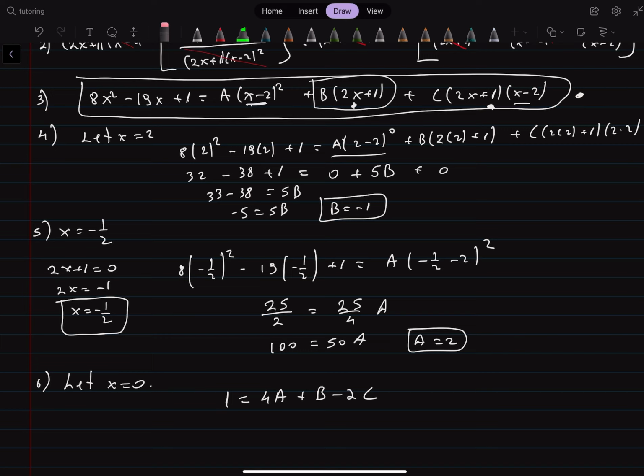And if we go to the right side, we have (0 − 2)², which is 4, hence why we have 4A. If we look at B, we'll have 1 times B, which is B here. Then we do the same thing for C, and we get minus 2. So that's the equation done.